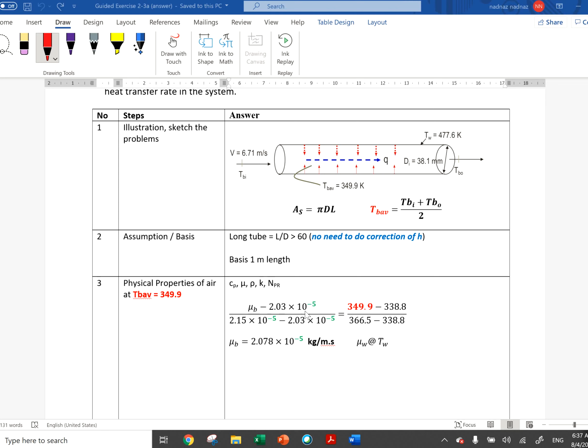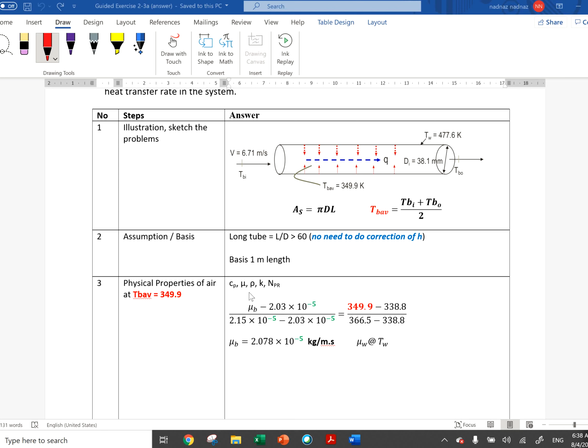So the correct one should be negative 5 when you calculate, even though the table shows it with power of 5. So for the sake of calculation, you should take minus 5. So this should be the viscosity at 338.8, and at 366.5 it is 2.15.